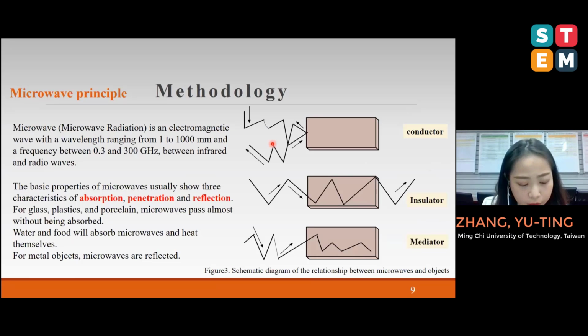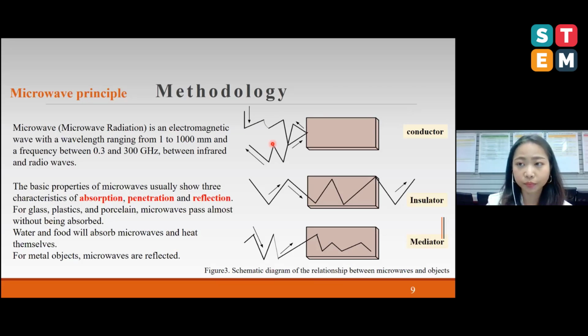This is the methodology. Let's talk about the microwave principle. Microwave is an electromagnetic wave with a wavelength ranging from 1 to 1000 millimeters and a frequency from 0.3 to 300 gigahertz, between infrared and radio waves.